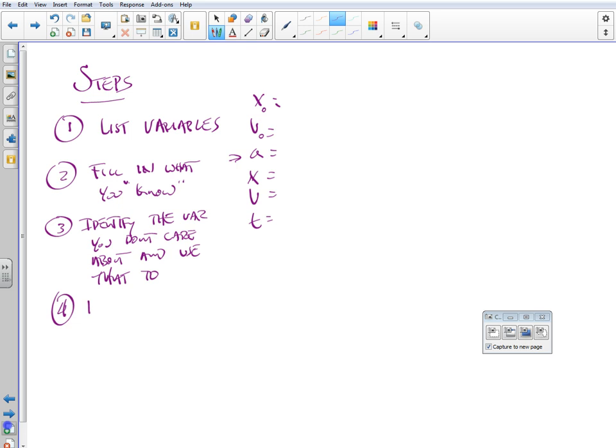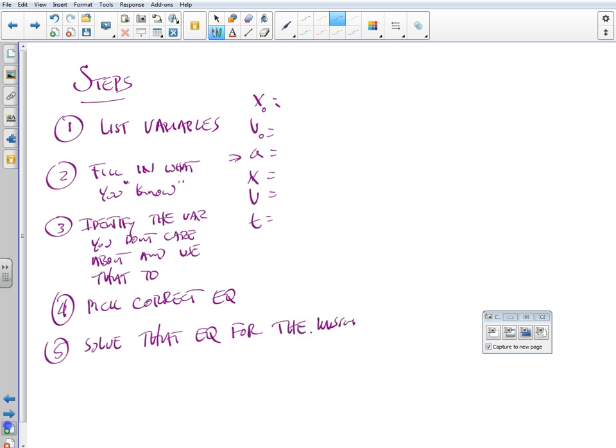Step 4, pick the best equation out of the kinematics equations for the situation. 5, solve that equation for the missing variable, the one you want. And then 6, plug in and find your answer. Maybe 7, make sure your units are correct on your answer.